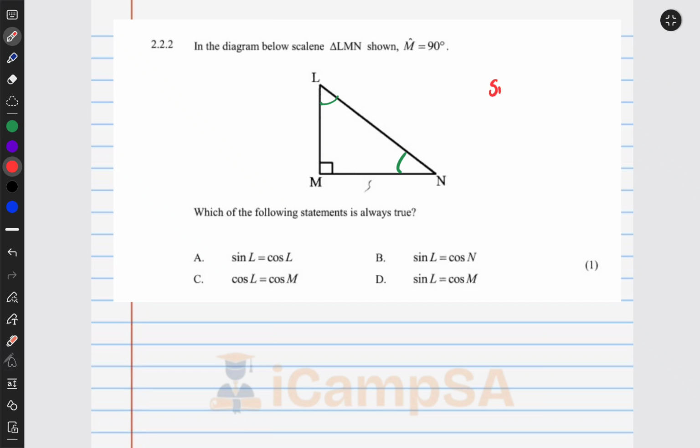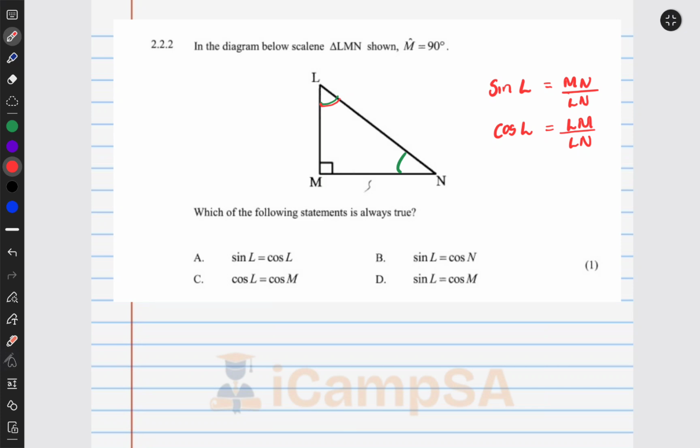For sine of angle L, it is opposite over hypotenuse, so MN over hypotenuse LN. And then what is cos L? Cos L is equal to adjacent LM over hypotenuse LN.